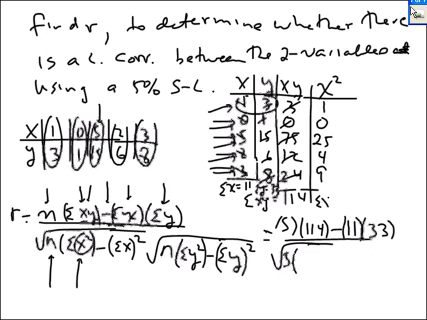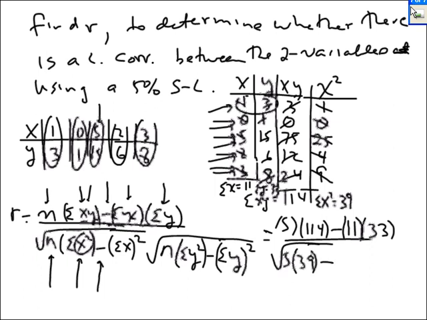The summation of x squares is, I love tens, 9 and 1 is 10, plus 0 is still 10, plus 25 is 35, plus 4 is 39. The summation of x squared is 39.